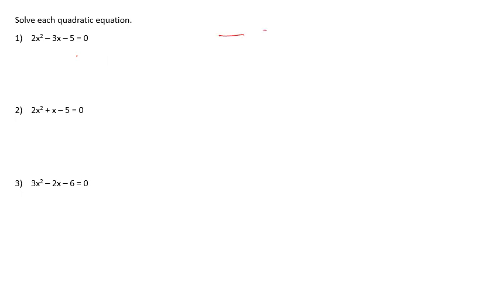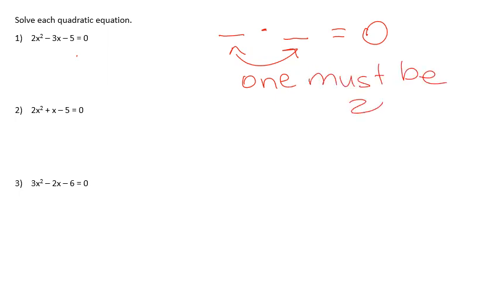But if I had two things multiplied to make 0, then I know that one of those two things has to be 0. That's called the zero product property. Product meaning multiplication.